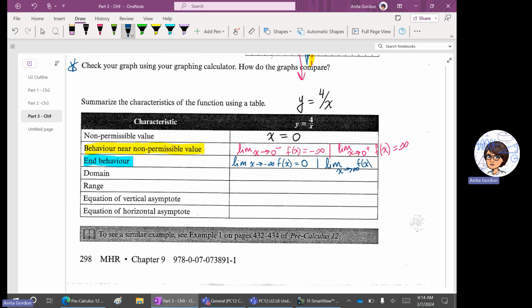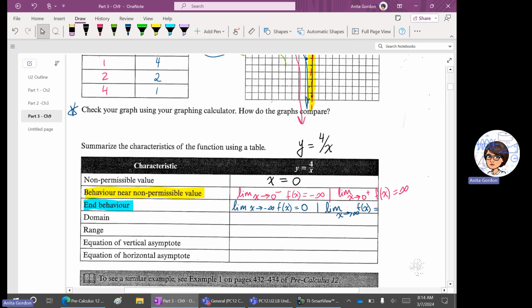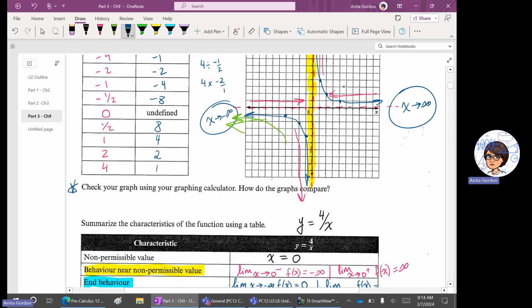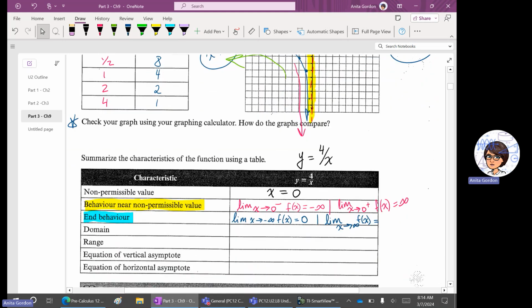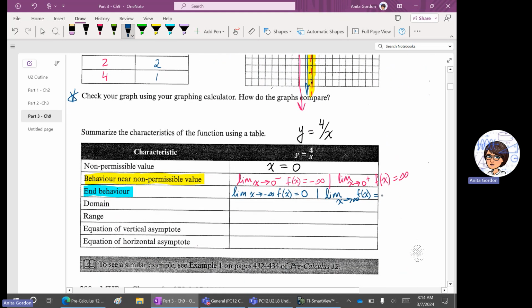What is the value of my function approaching? As I go to positive infinity, my graph is coming down and to the right, but it cannot cross that line, so it's approaching that line, and that line is at 0. So this is talking about behavior at the very, very far end of your graph.